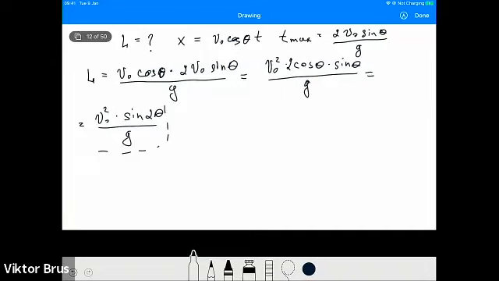This 2 theta will be equal to pi divided by 2 radians. It means that theta should be equal to 45 degrees. So maximum length will be reached at theta equal to 45 degrees.